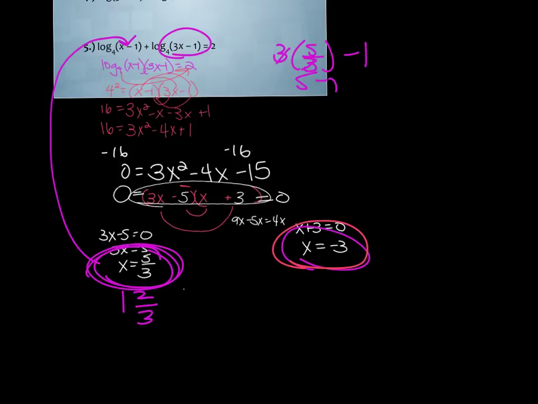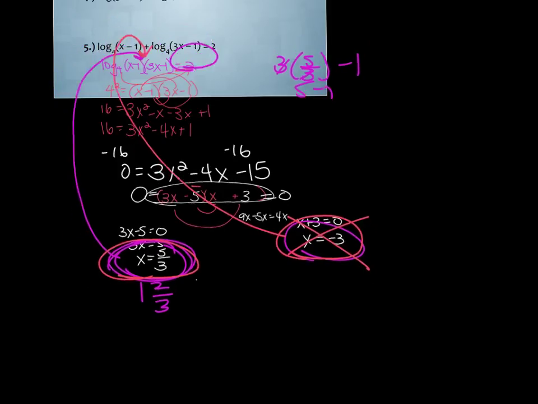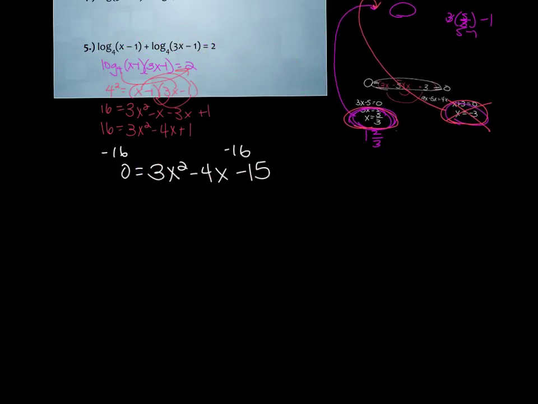If I check this one in there, negative 3 minus 1 is a negative 4. And I'm not going to be able to find log of negative 4. So I rule this one out, and I keep the 5 thirds or the 1 and 2 thirds as the only possible choice. Questions?